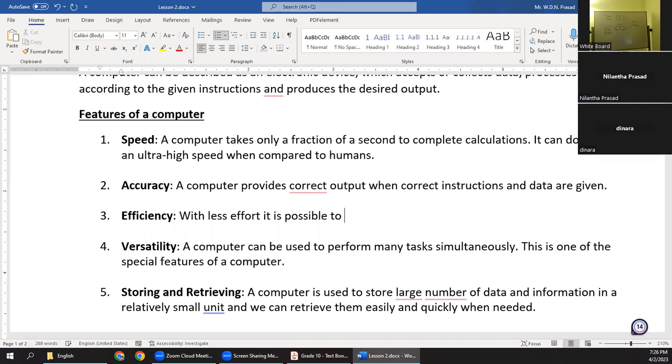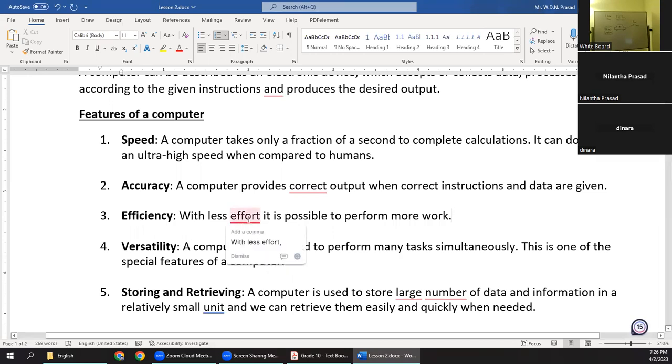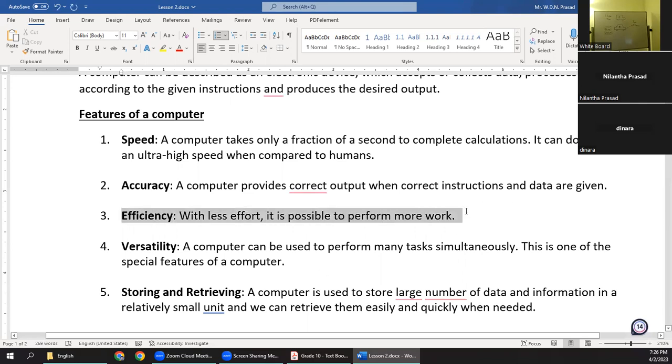To do more work, perform more body effort, ලොකු වැඩක් කරන්න පුළුවන්. You can do more work with the less effort. That is what we call efficiency. මෙතන efficiency කියන්නේ අපි දාන body effort එකකින් ලොකු වැඩක් කරන්න.